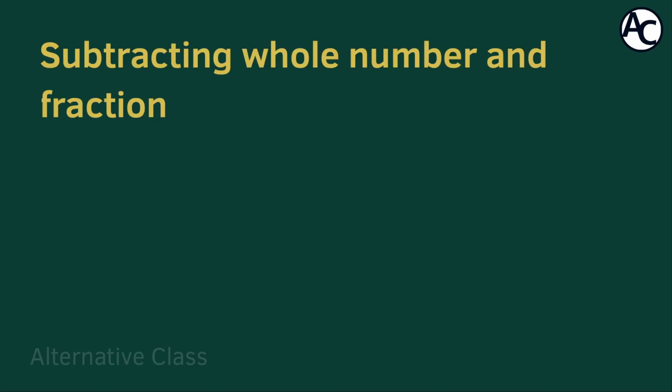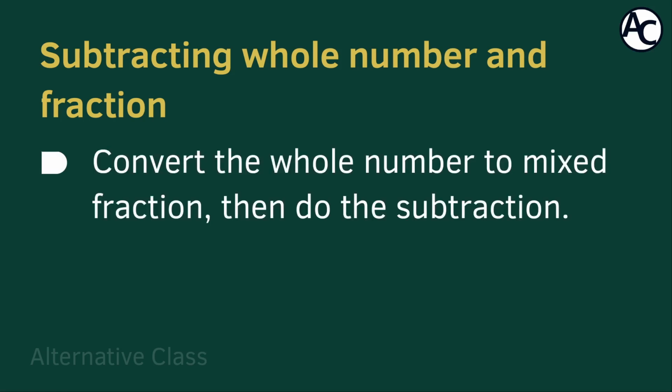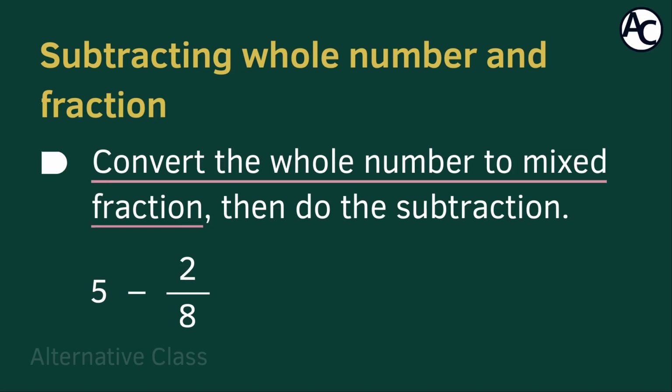Now how do we subtract whole numbers and fractions? Convert the whole number to a mixed fraction, then do the subtraction. Example, 5 minus 2/8. First, convert the whole number to a mixed fraction. Borrow 1 from 5 to make a fraction equal to 1. 5 minus 1 is 4.